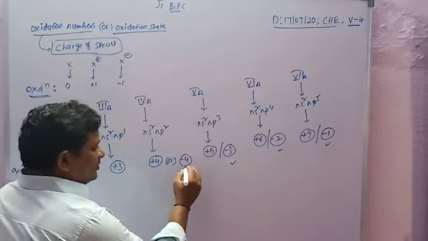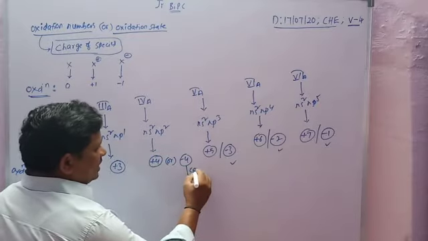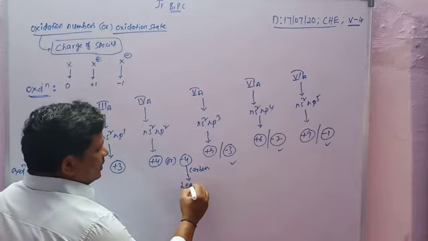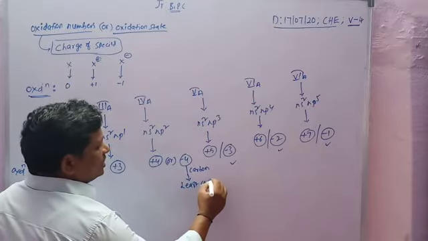Carbon with -4 is the least oxidation number.